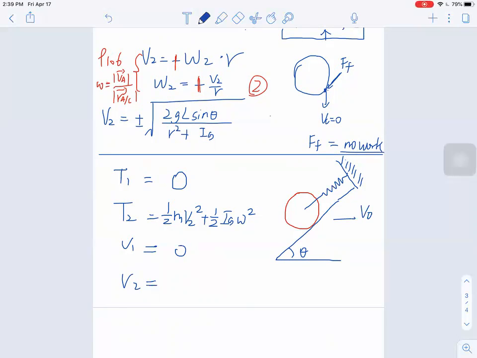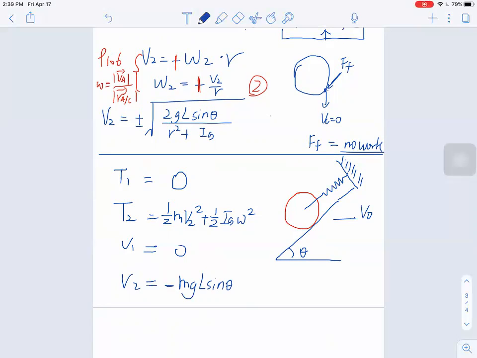But at position 2, we're going to have negative potential energy from gravity, just like what we did in the previous example. And also we're going to have the potential energy from the stretching of the spring.